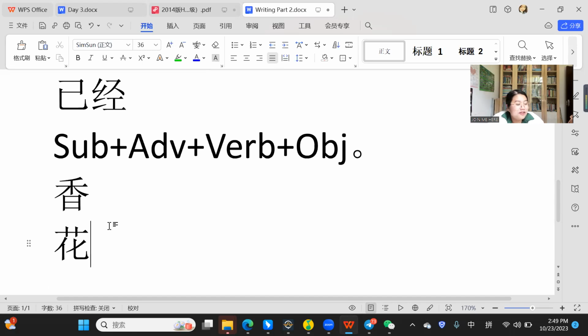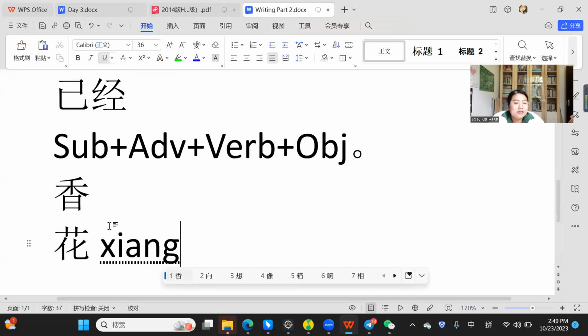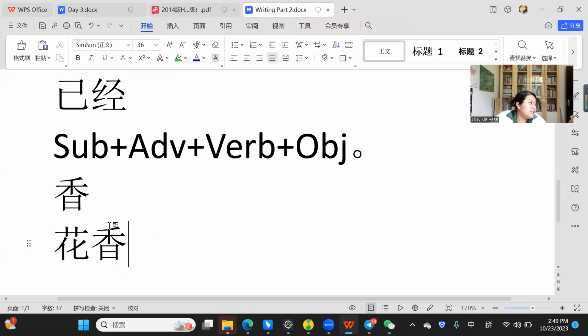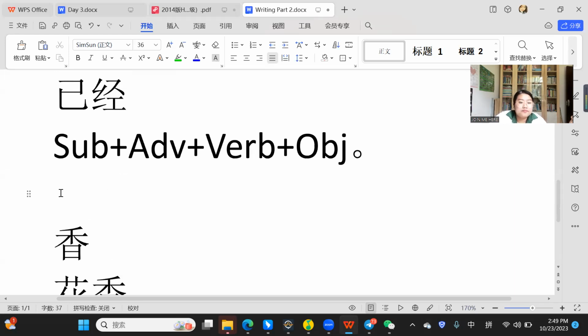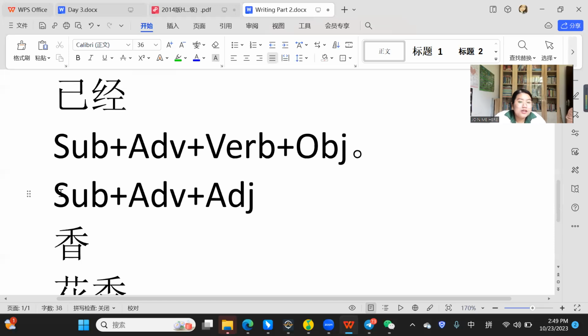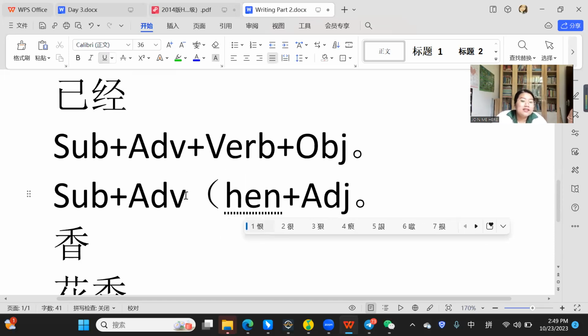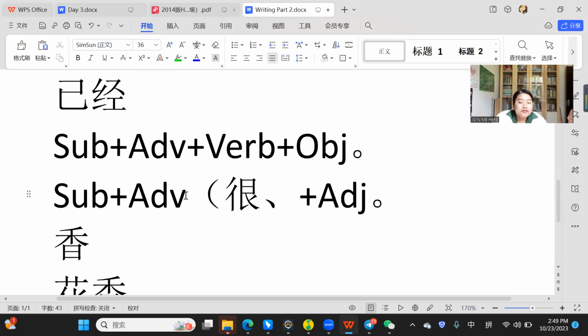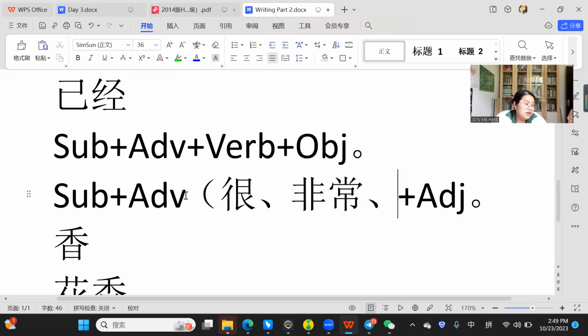Okay. Which one is the adverb? What can you use in front of an adjective? Most of the time, for the pattern subject plus adverb plus adjective, you have to remember this adverb: the simple one is 很, 非常, or maybe 特别.